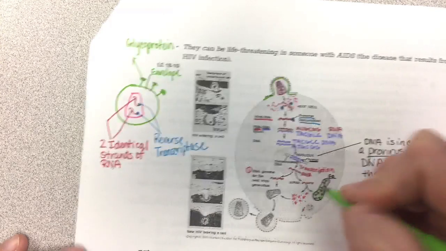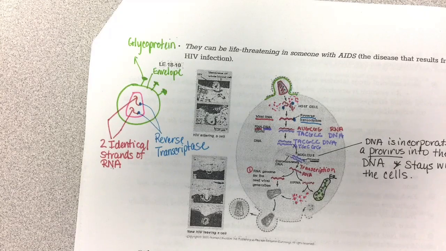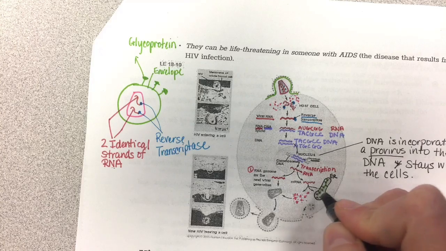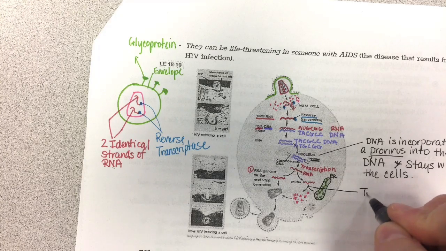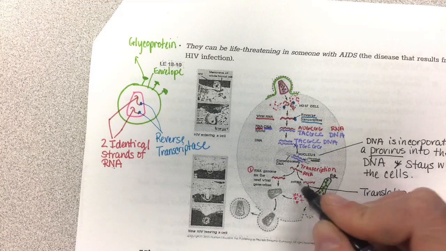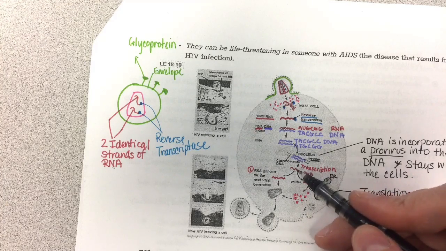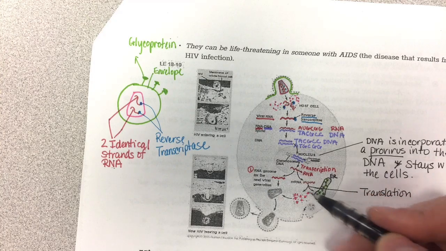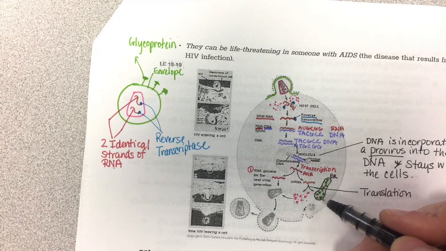So mRNA to proteins, this process right here, is translation, right? Making proteins. This is transcription. Some of that RNA never is used to make proteins, but is used as the genetic material. Some are used to make the viral proteins.